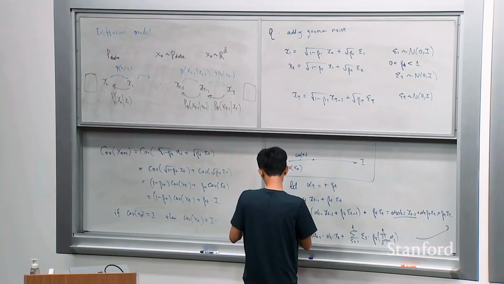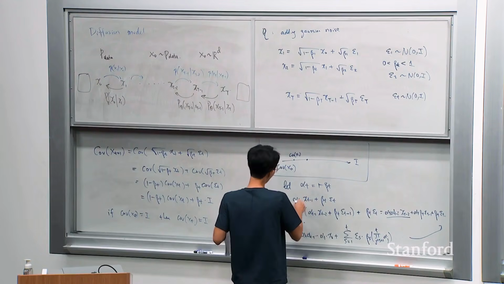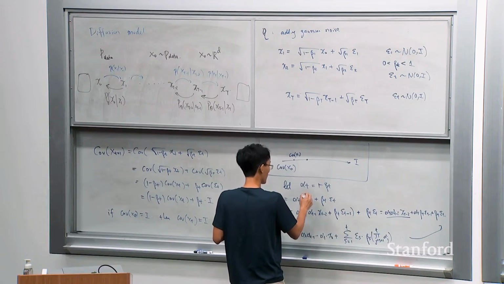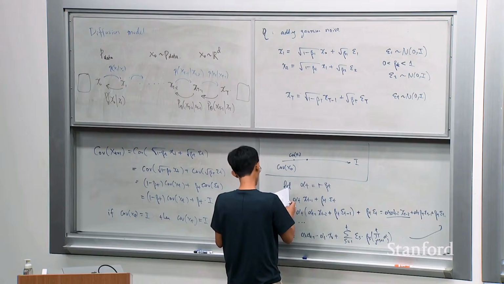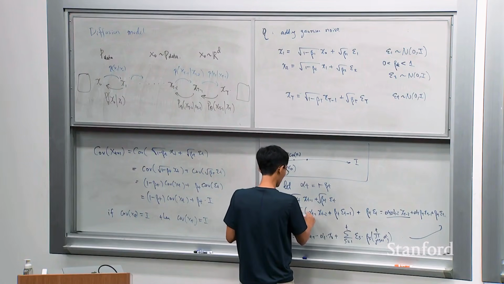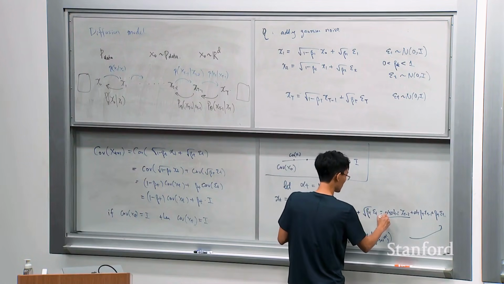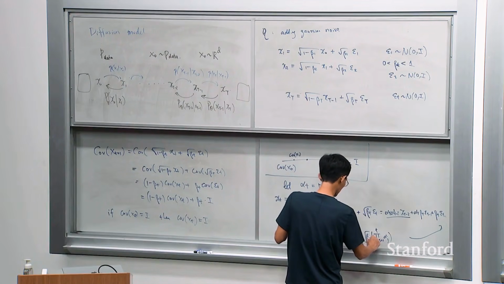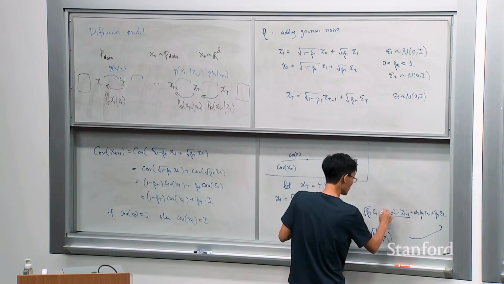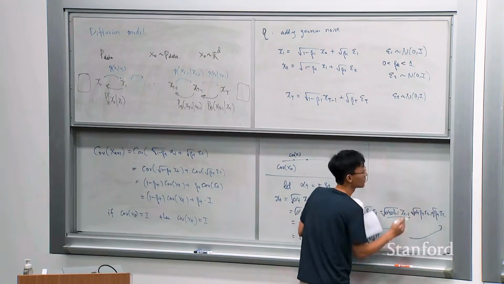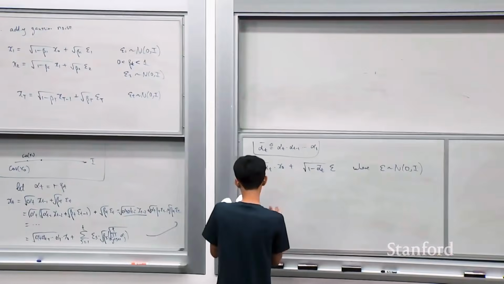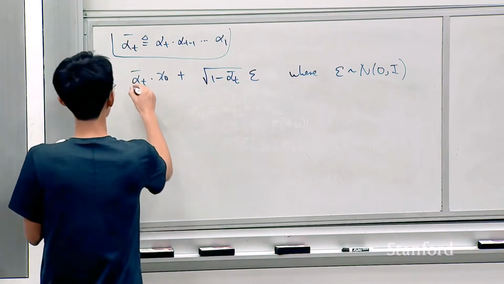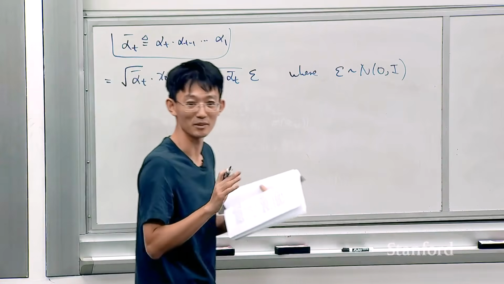Yes, you're right. I'm missing square root for everything. So alpha t is equal to 1 minus beta t, and everything here has a square root. Square root, square root. And then everything is right, except this is also square root. Sorry, yeah. Thanks.